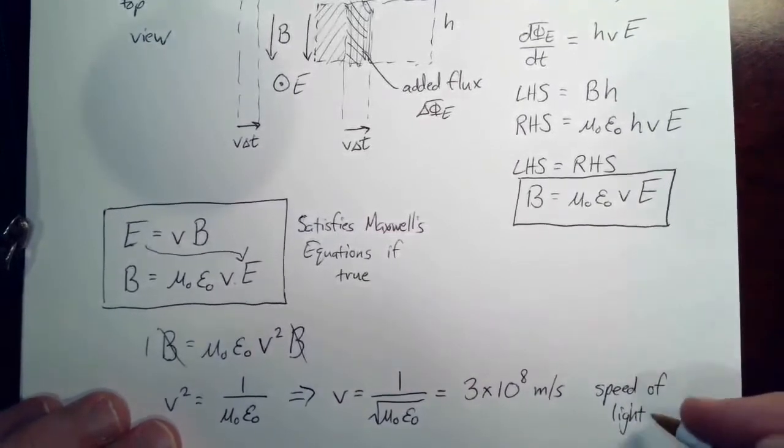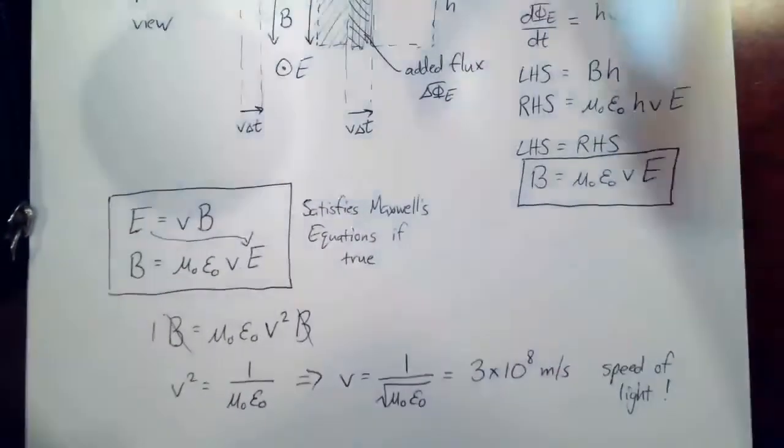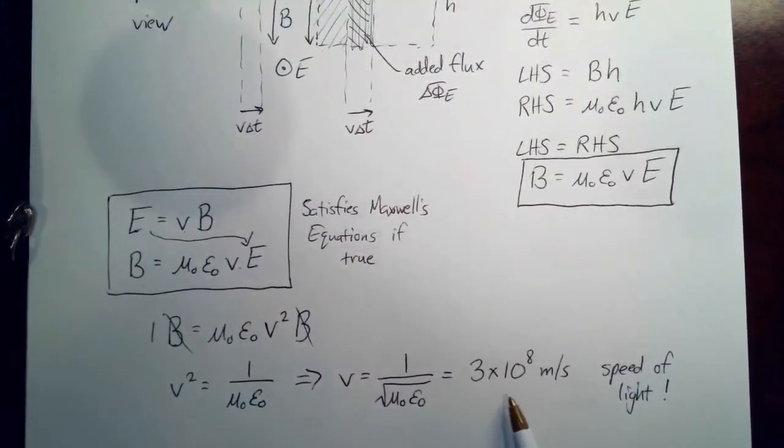So this is a remarkable accomplishment. Maxwell was able to, through fundamental principles, arrive at a prediction for the speed of light based on 2 constants that could be measured in a lab during his day. And the speed of light was also known during his day.